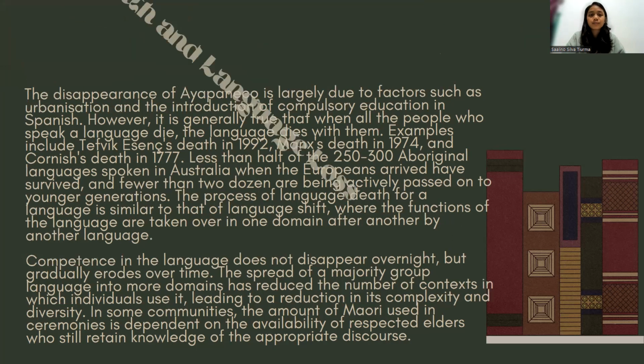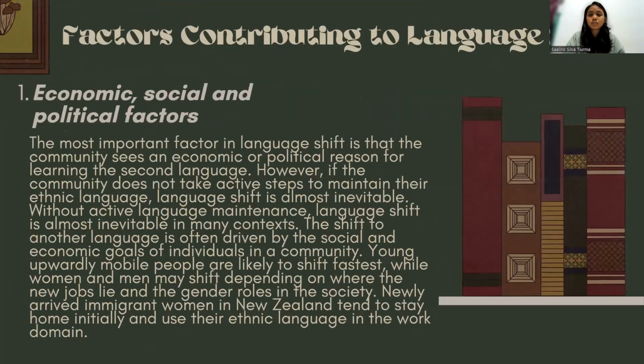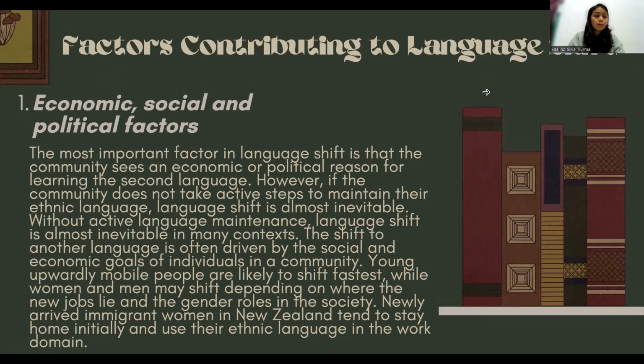Okay, next is about the factors contributing to language shift. So there are 3 points. The first point is economic, social, and political factors. Okay, the most important factor in language shift is that the community sees an economic or political reason for learning the second language.